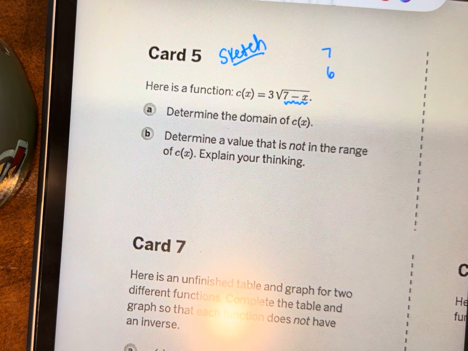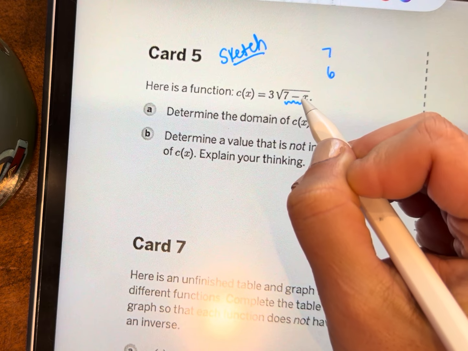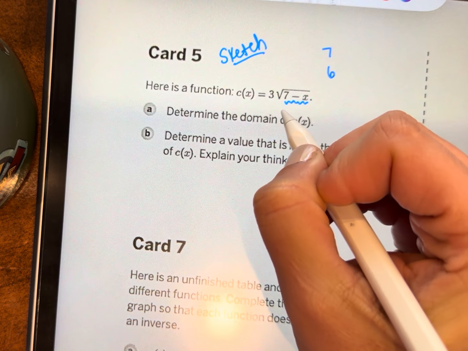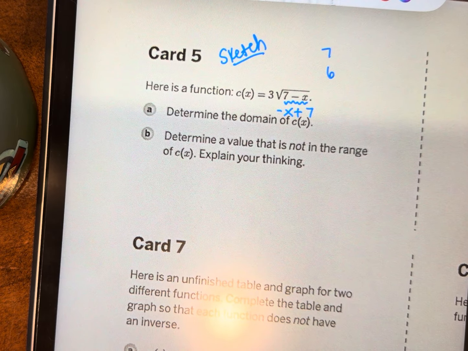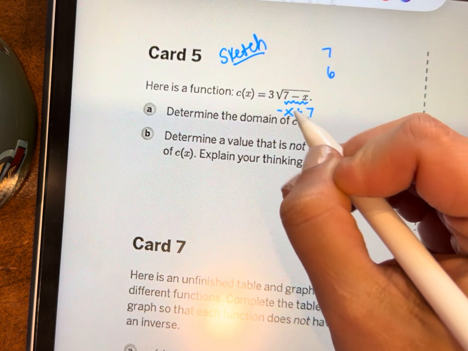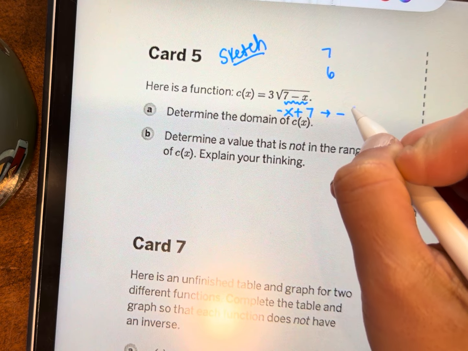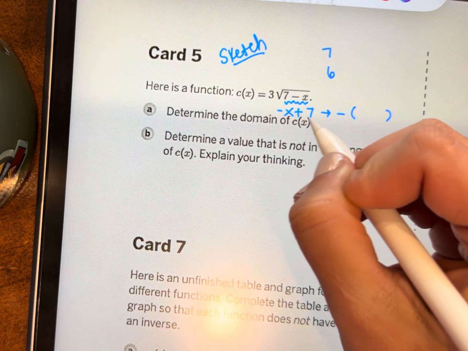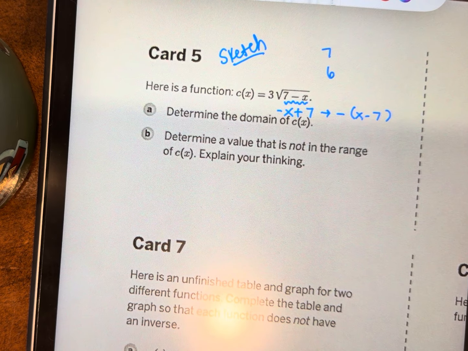The reason for that is this is funny. We cannot see what transformations are truly happening this way. We have to rewrite this as negative x plus 7 first. And then we still can't see what transformations are truly happening because, remember, I told you this needs to be in parentheses. So that negative needs to be factored out. If I take a negative out of negative x plus 7, I get that.